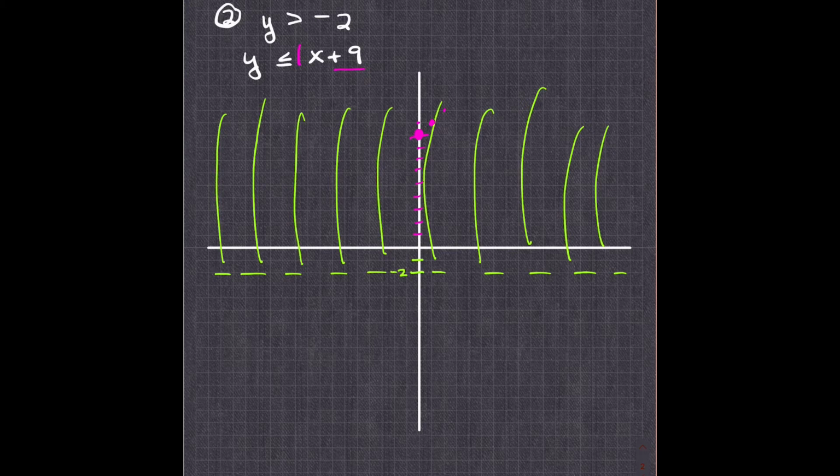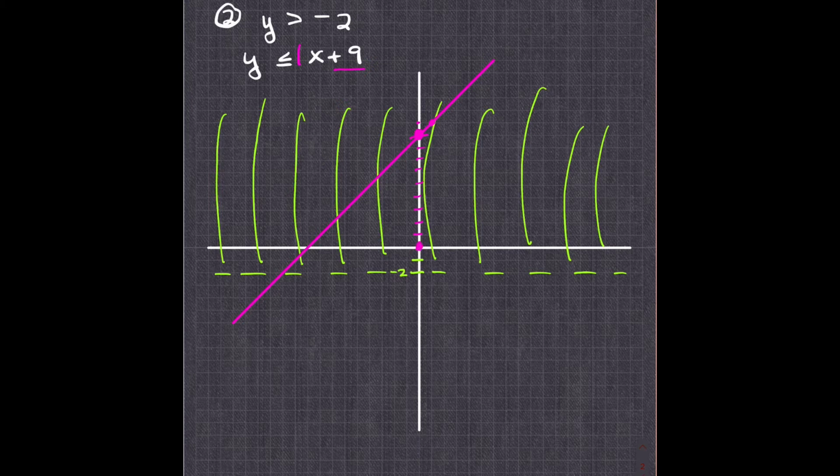I do have an or equal to bar, so this is going to be a solid line. I can't talk and draw a line at the same time. All right, so we need to shade either above or below this line. It says y is less than, so I believe I am going to be shading down here.